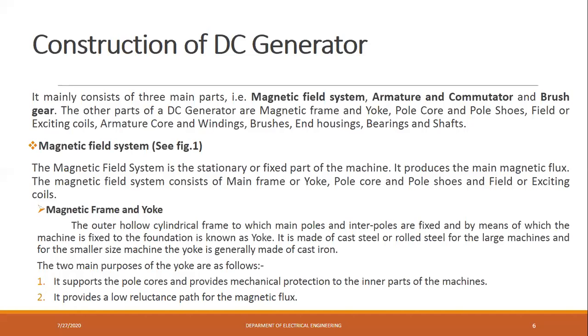We will go one by one, that is the magnetic frame and yoke. That is used to support the pole shoes and to provide mechanical protection to the internal parts of the machine, as well as it provides a low reluctance path for the magnetic flux.